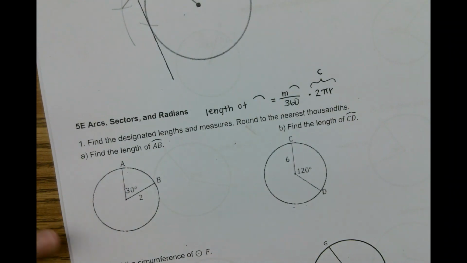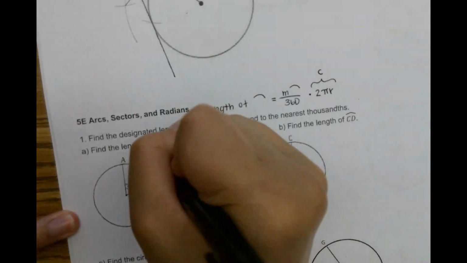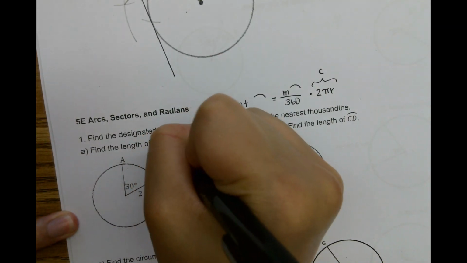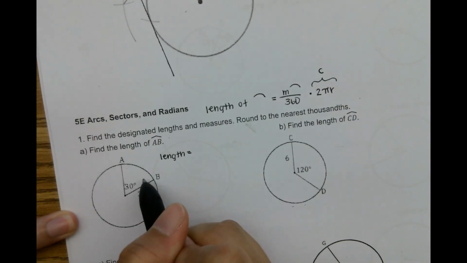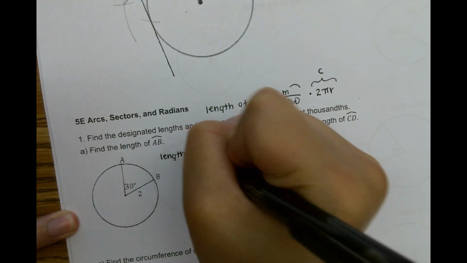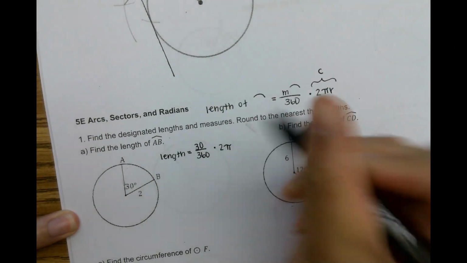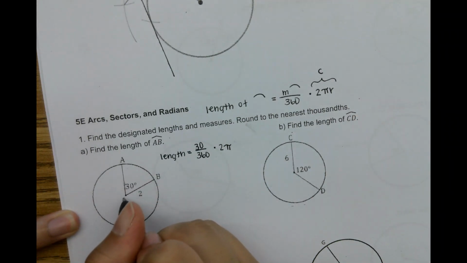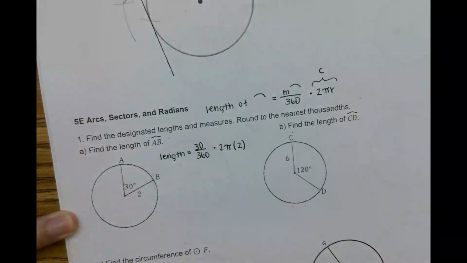So here I want the length of AB. That length will equal, this is 30 degrees here, so that means this is 30 out of the total 360 times 2 pi. Radius here is 2, center to point on circle. And then I just need to solve it.